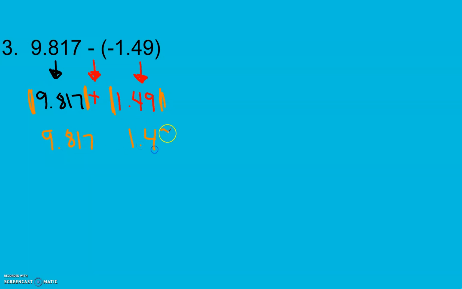Each term here, remember things added together. My signs are the same, so I'm going to add here. I'm going to go bigger on top, smaller on the bottom, and again we line up our decimal places. And because my signs were the same, I'm finding the sum.